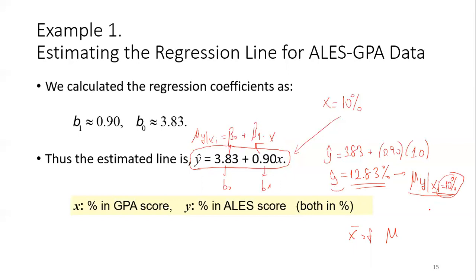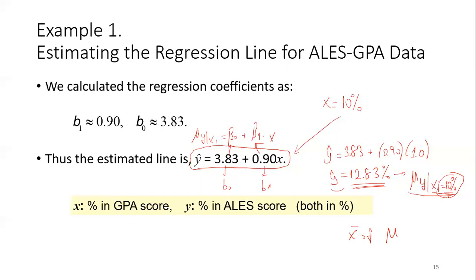So what does this mean? This means that on the average, if students from this university whose ranking is 10% in the GPA take the ALES exam, then their ALES score will be on the average 12.83%. Of course, this is an estimate we can use for any student.